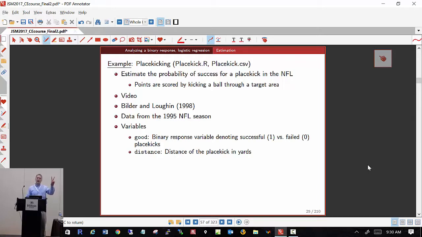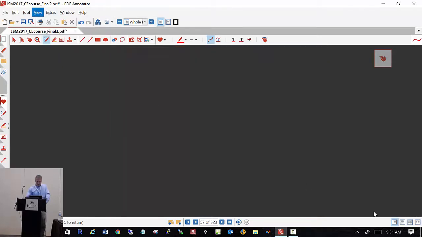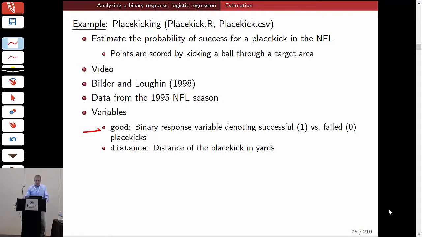We're going to focus on two of the variables right now. Our response variable is binary, success or failure, 1 or 0. And it's going to be in a variable called good in the data set.